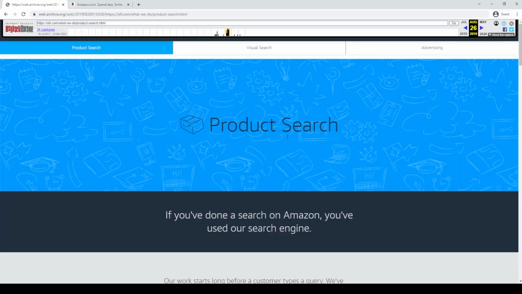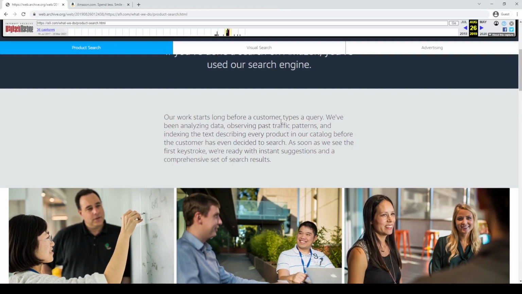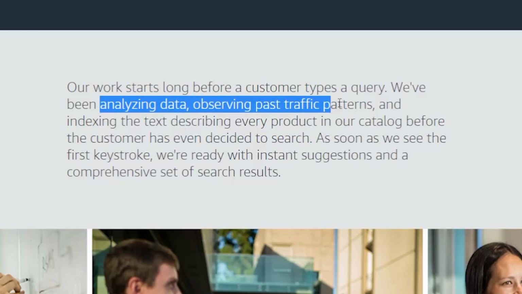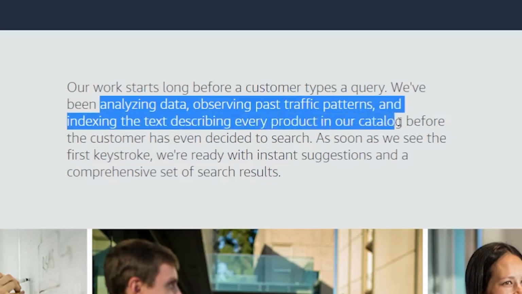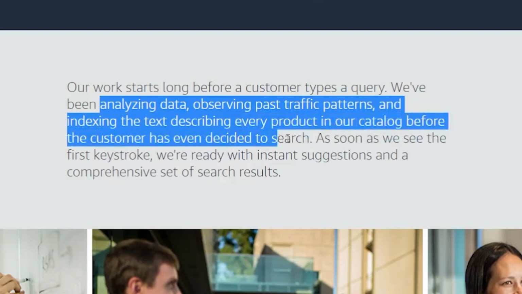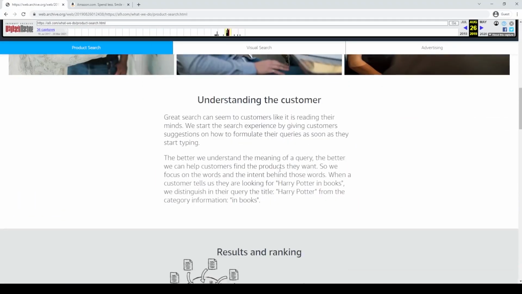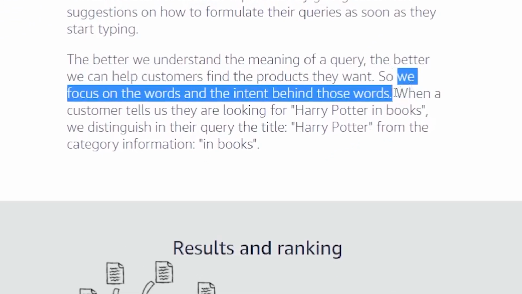When we check their website, we understand that Amazon has been collecting lots of data from its customers since the beginning, and they have been observing past traffic patterns, and also indexing the text describing every product in their catalog before the customer has even decided to search. It is also written here that they focus on the words and the intent behind those words.